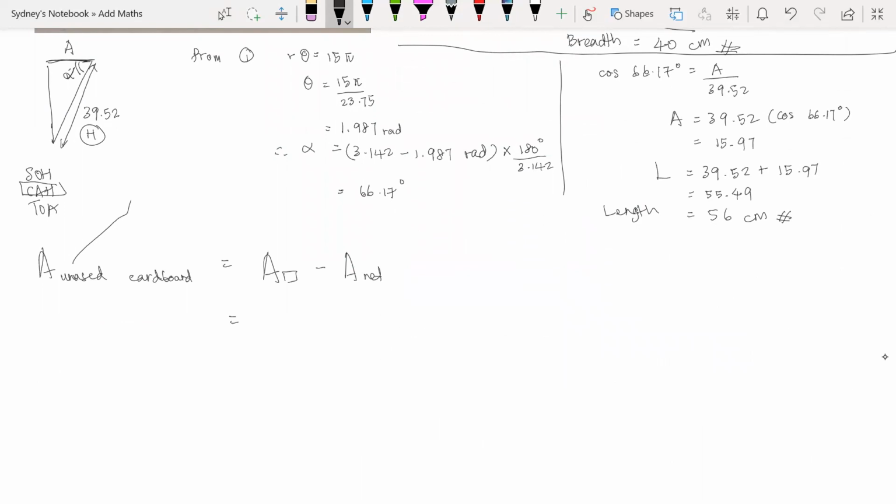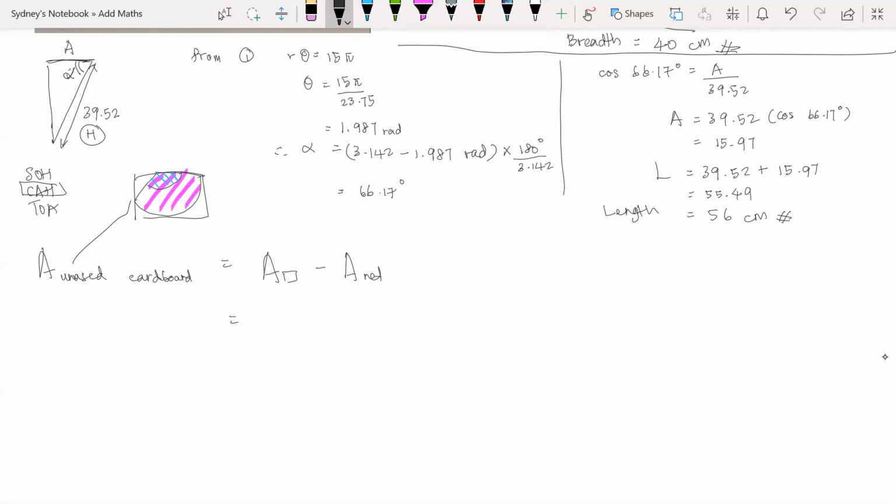Now, okay, let me just draw the diagram here, a quick one. So we have, okay, we just take the area of the big sector, take away the area of the small sector. That will be the area of the net of the lamp cover. So in that case, we do like this.